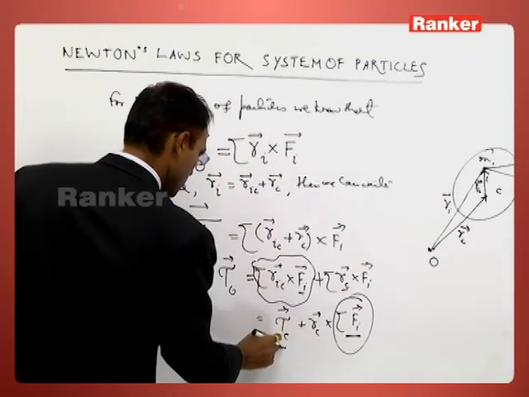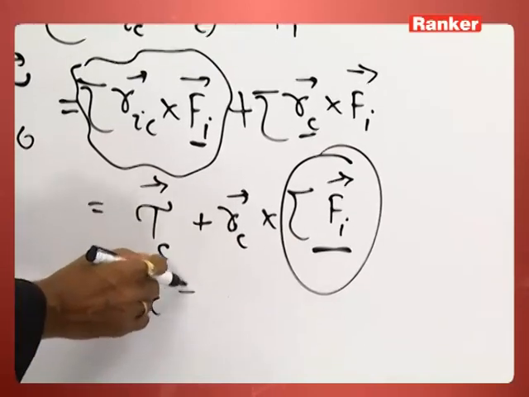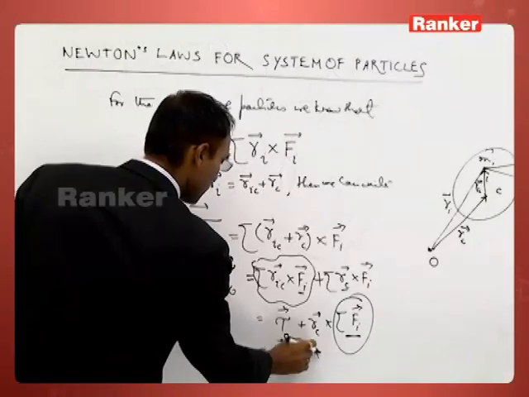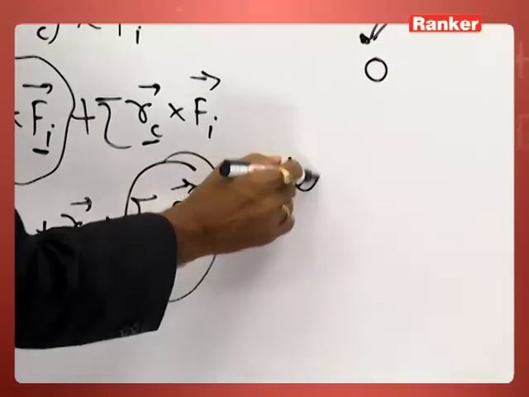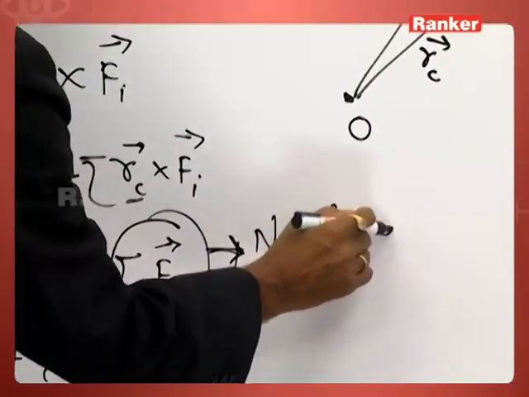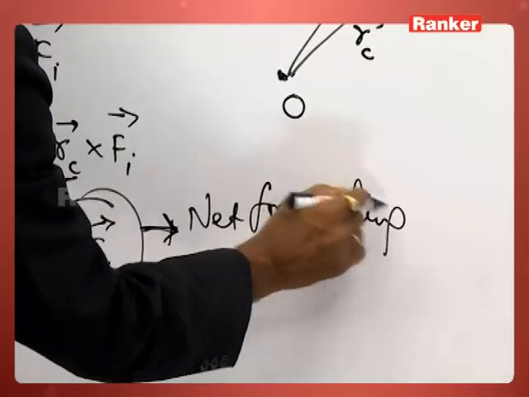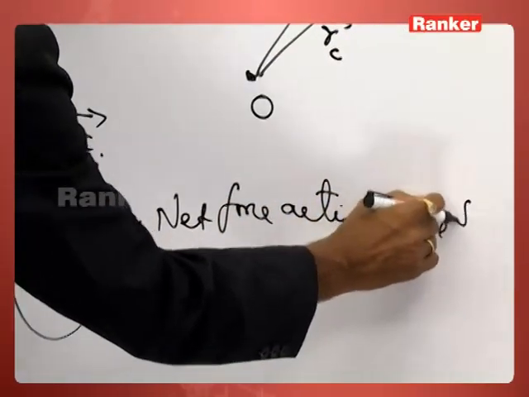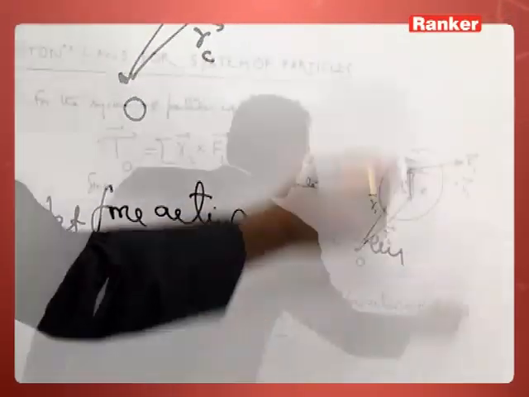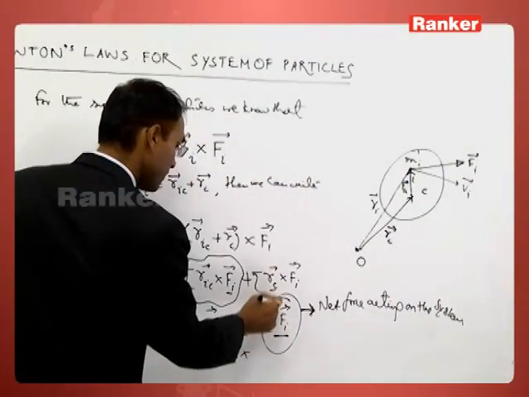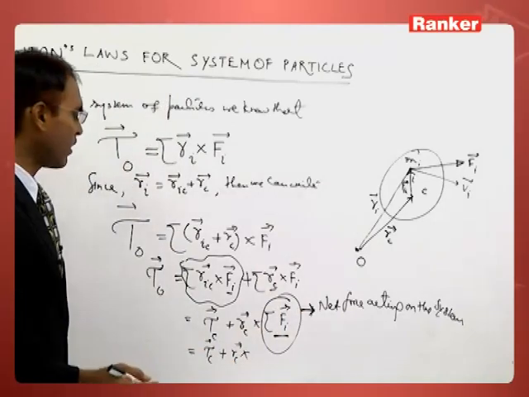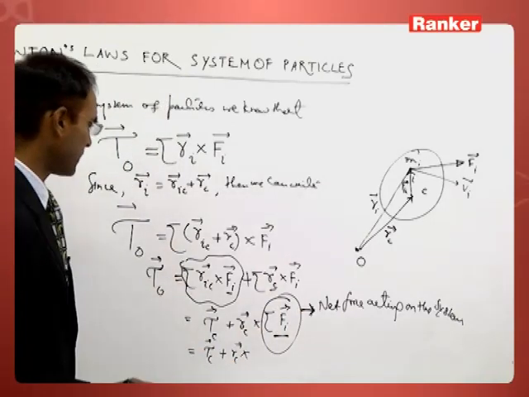So tau C plus RC cross, this is the net force acting on the system, which is equal to the sum of the net forces acting on all the particles.